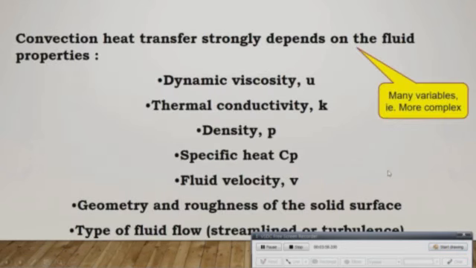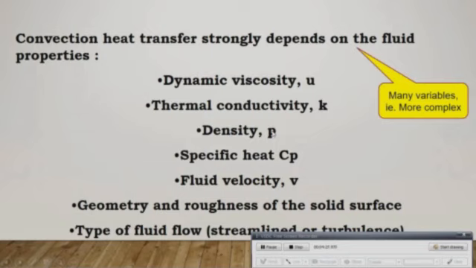Okay, next, since it involves fluid, we need to memorize the factors involved in fluid movement. Those are dynamic viscosity, nu, and thermal conductivity, K, since the heat source normally comes from the solid object.